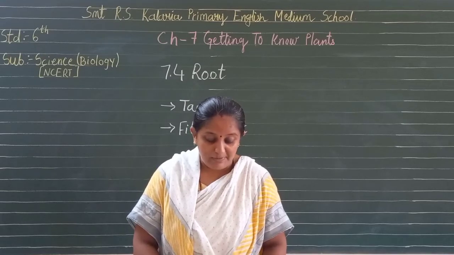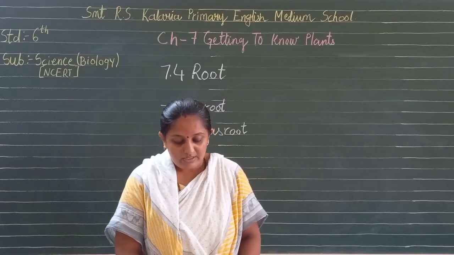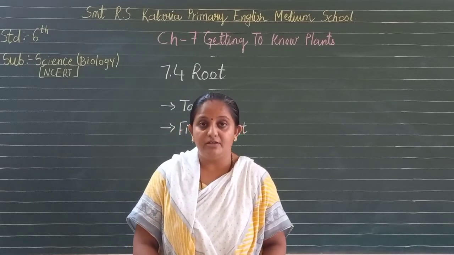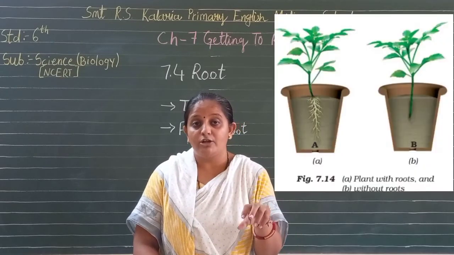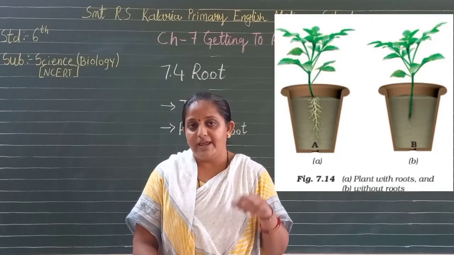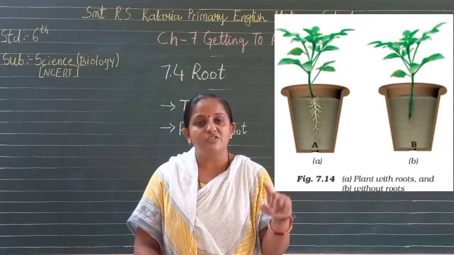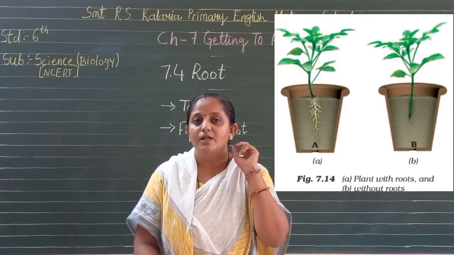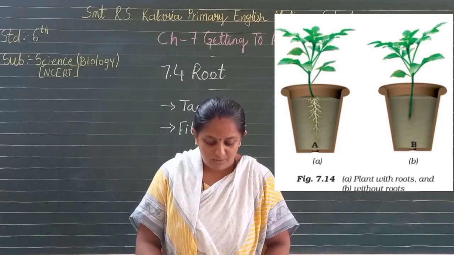So we can say both the plants are watered regularly, but one is without root, isn't it? So this activity teaches us that roots play an important role, because roots absorb water and minerals from the soil and supply them to the stem, and the stem supplies them to the leaf. In the presence of sunlight, the plants perform photosynthesis, isn't it? Now you understand the whole process.